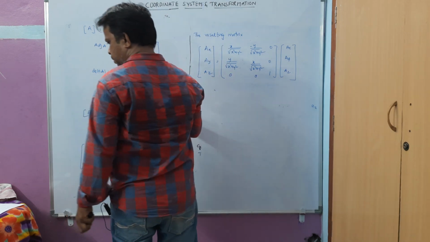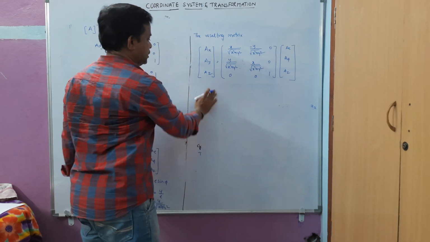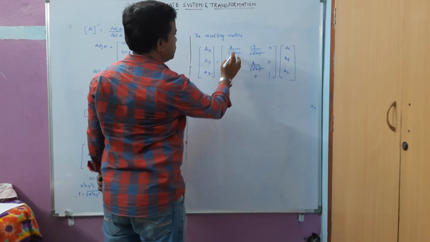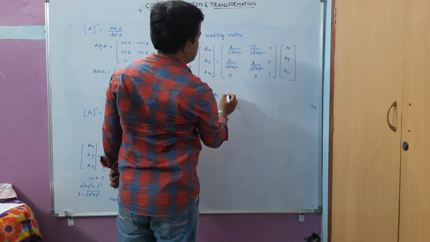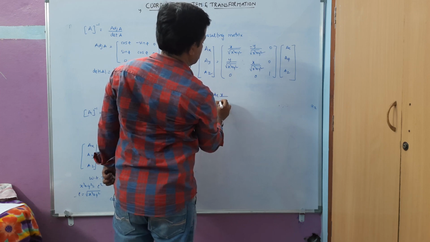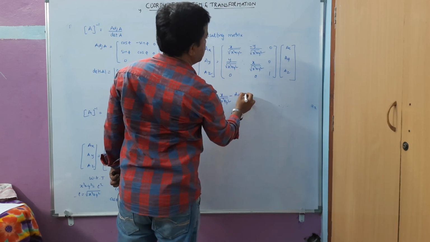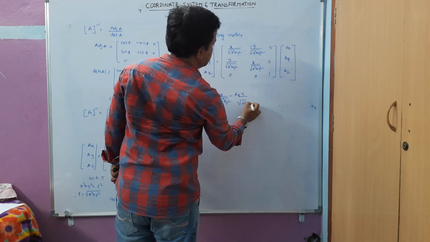Now if I take the components Ax, Ay, Az, I can write like this. Ax is equal to A rho into x by square root of x square plus y square, minus A phi into y by square root of x square plus y square, plus 0.